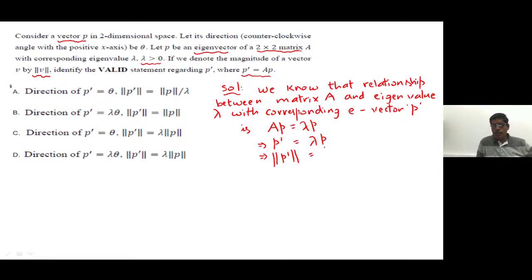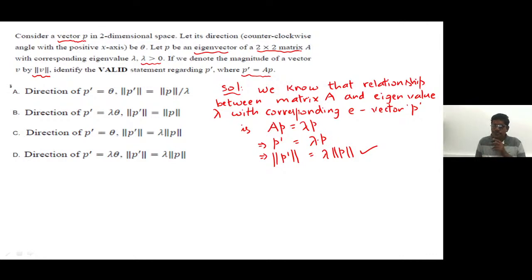So length of P dash. When you are multiplying a vector with lambda, after finding length, that lambda easily comes outside with respect to multiplication. So I can write this is lambda times mod P, that is magnitude of P. This is one. Now suppose P makes an angle theta with the x-axis. What is the direction of P dash? When you multiply a vector P with a number, the direction never changes.